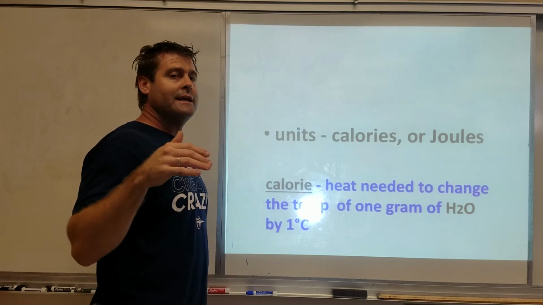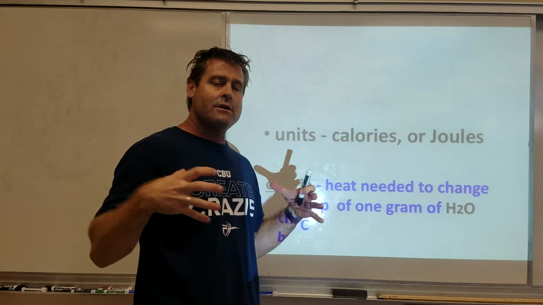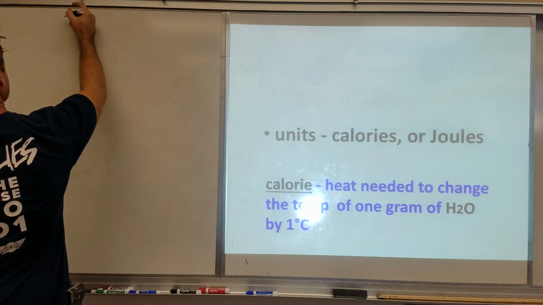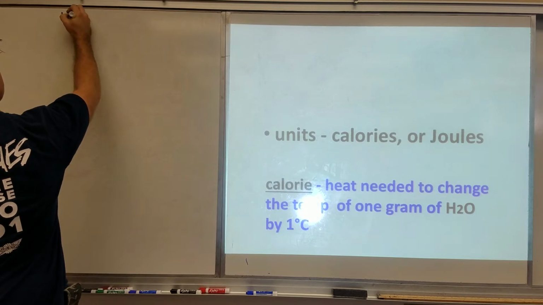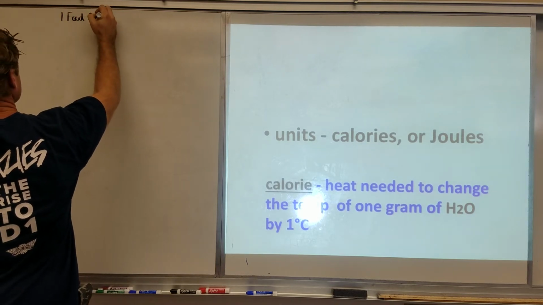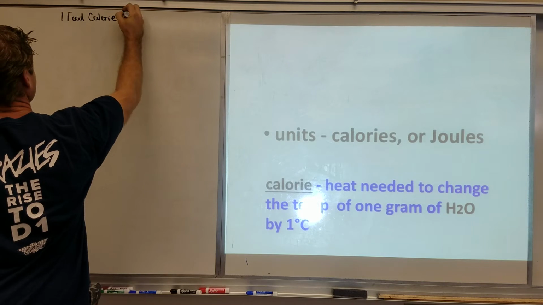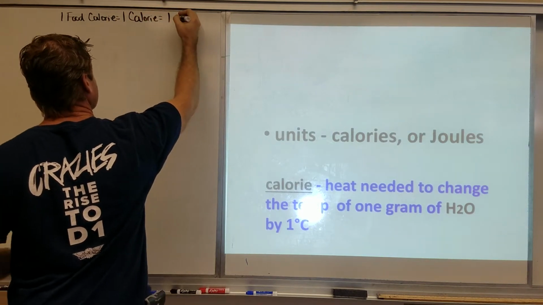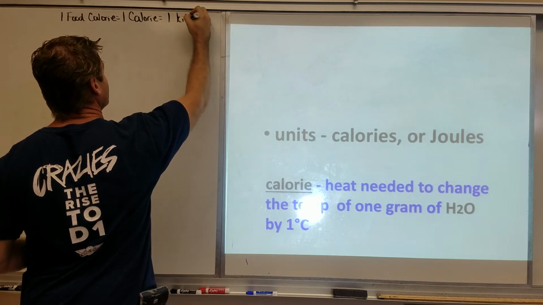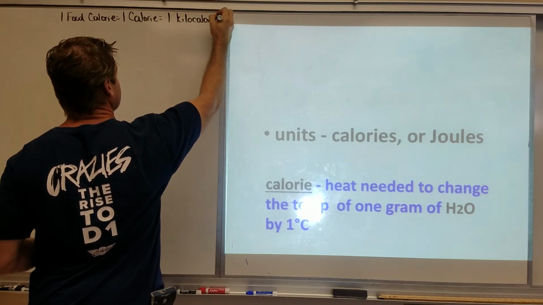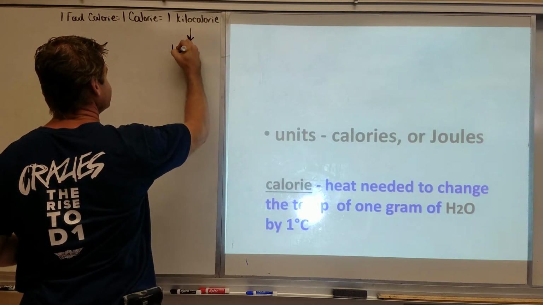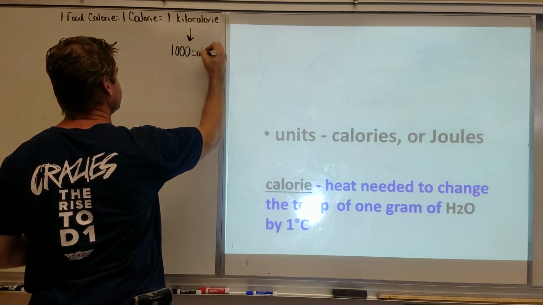That's why when we're using calories to talk about how much energy a food item contains, here's what we're doing. So 1 food calorie, that is what we call 1 big C calorie, which is actually 1 kilocalorie. And those of you guys who remember, the prefix kilo means 1,000. That's the same thing as 1,000 small c calories.